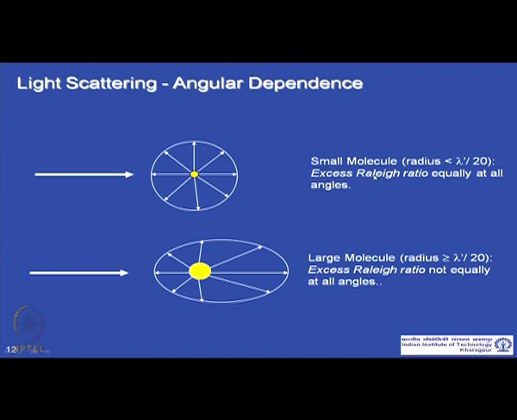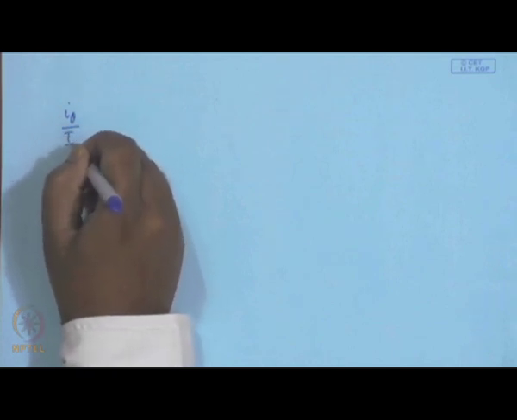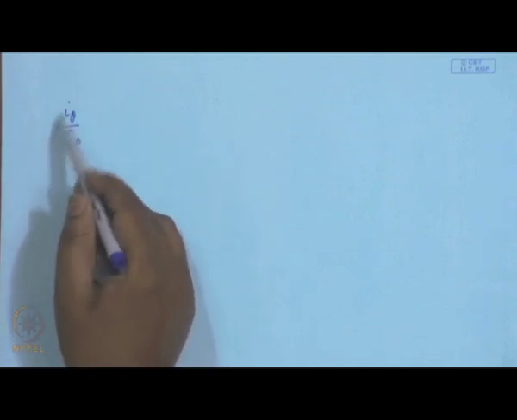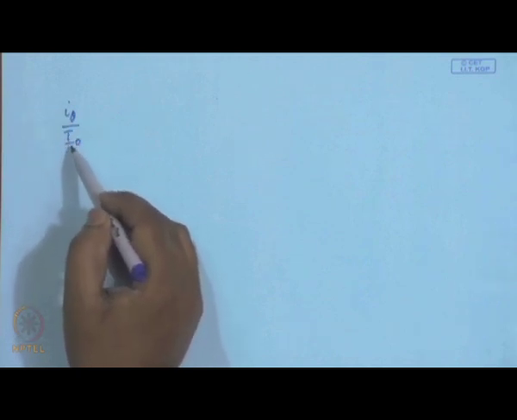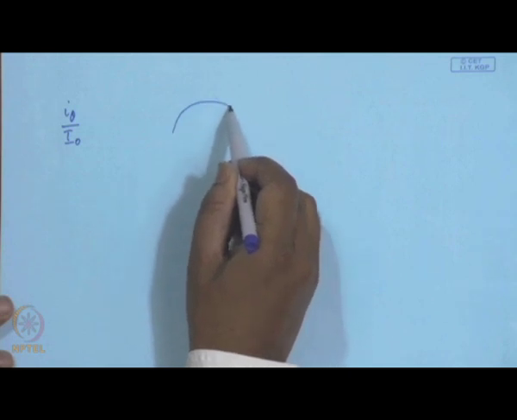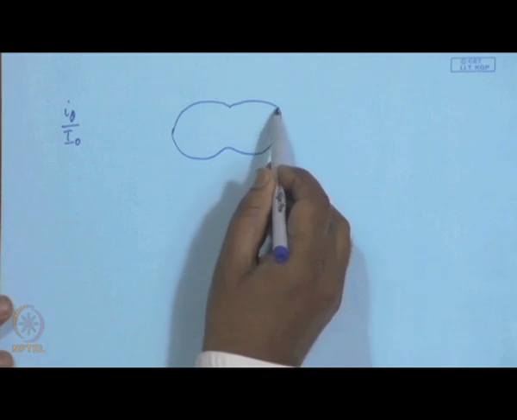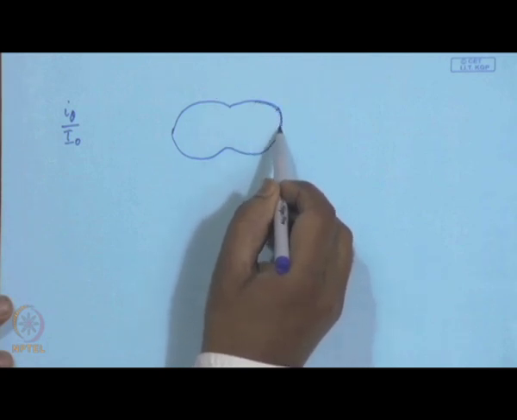Remember, we are talking about the Rayleigh ratio, which has a cos square theta term in the denominator. If we only consider I theta by I0, then for small molecules your intensity will look something like this.